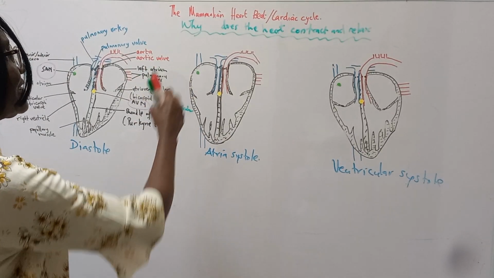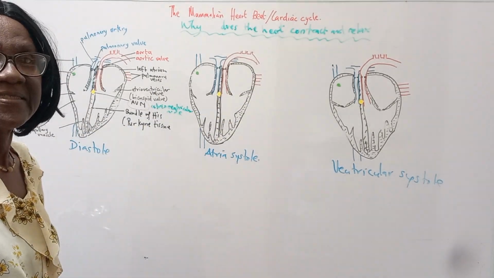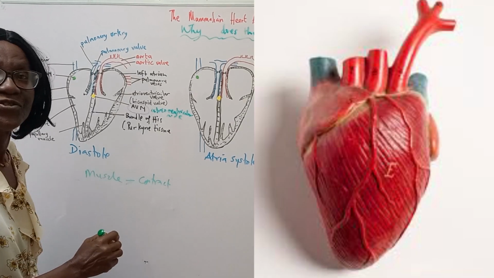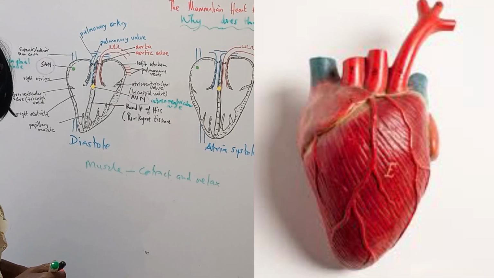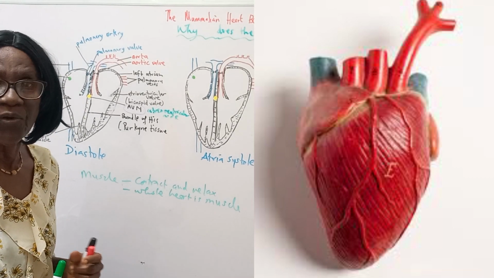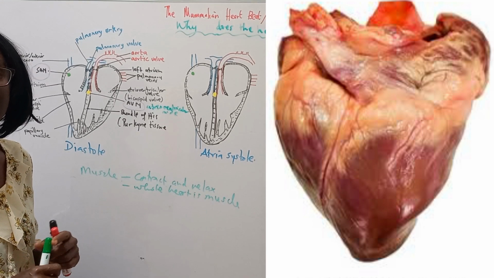Why does the heart contract and relax? The answer is simple. Every muscle contracts and relaxes, and the whole heart is completely muscle, no bone. So the whole heart contracts and relaxes.